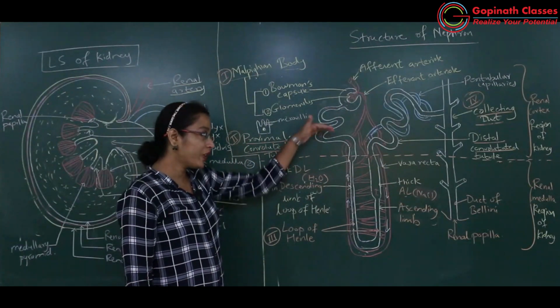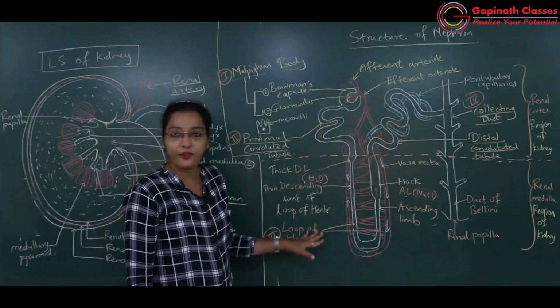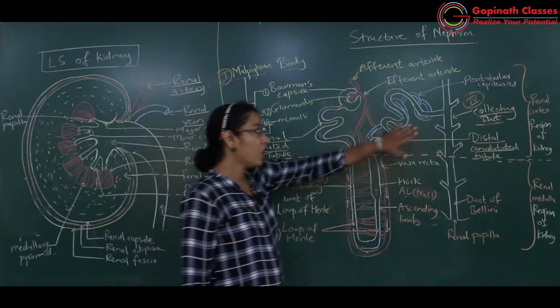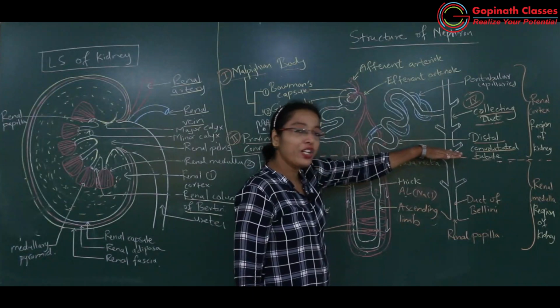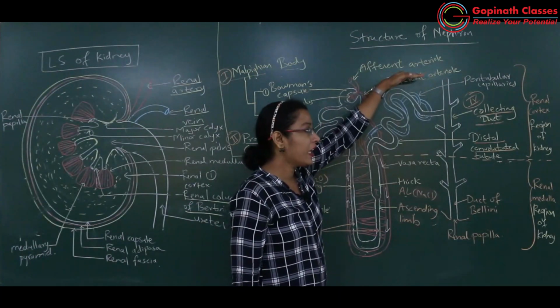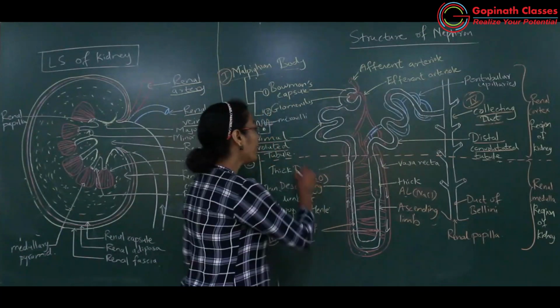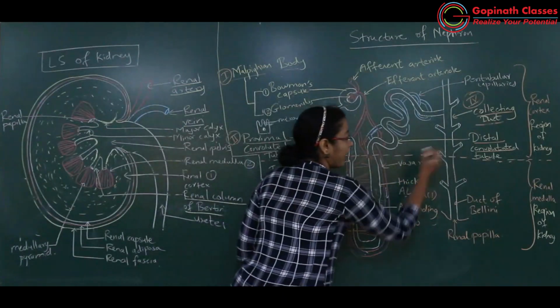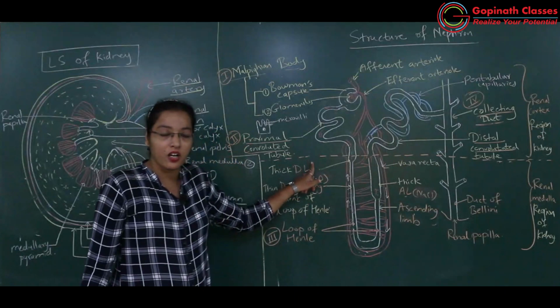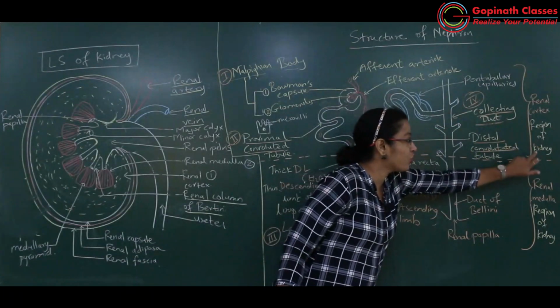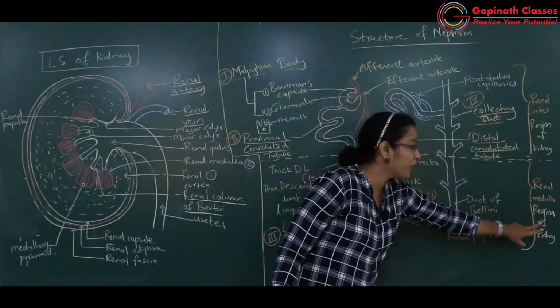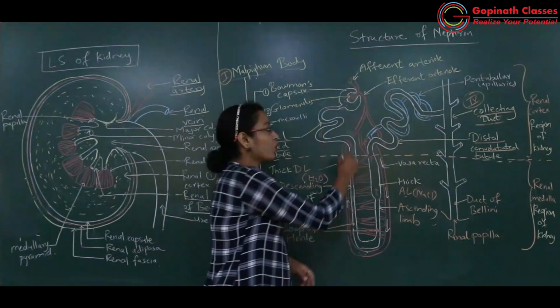Okay. Now, looking at the overall structure of the nephron, you can make out which part of the nephron is seen in the renal cortex and which is seen in the renal medulla. I have made a partition with a dotted line here: the renal cortex region of the kidney and the renal medulla region of the kidney. Which parts of the nephron come in the renal cortex?